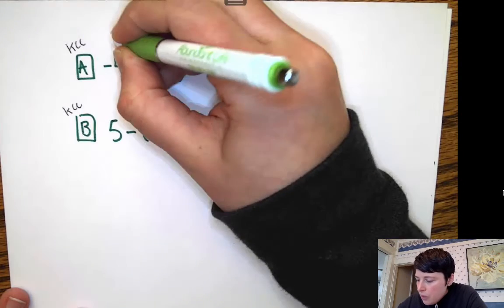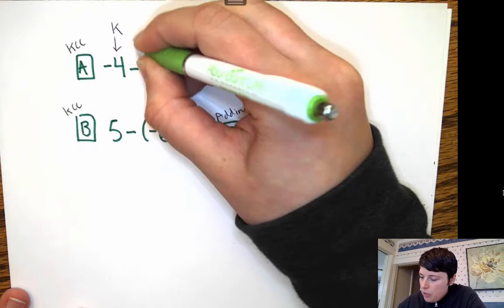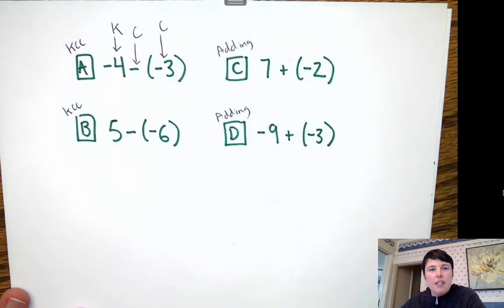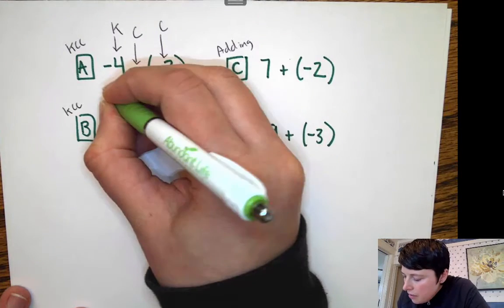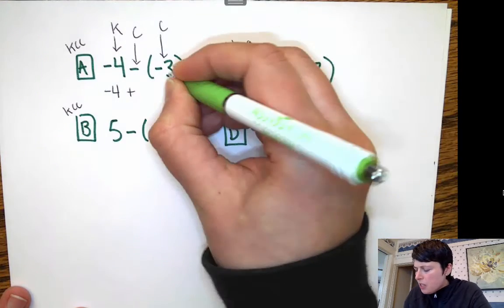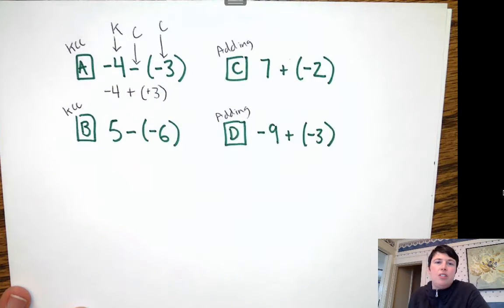problems. If we are going to K.C.C., we're going to keep the -4, we're going to change the subtraction, and we're going to change the -3. K.C.C. So we're going to keep the -4, we're going to change it to adding, and we're going to change it from a -3 to a +3. And now it's an addition problem. So I go to my adding rules.